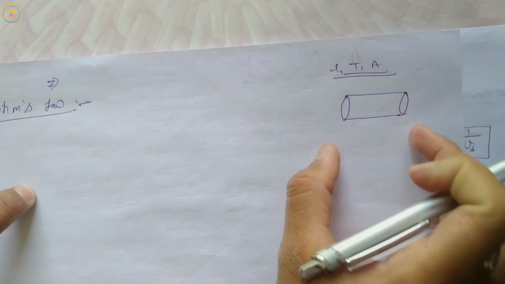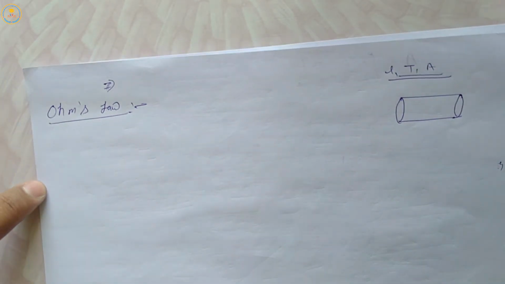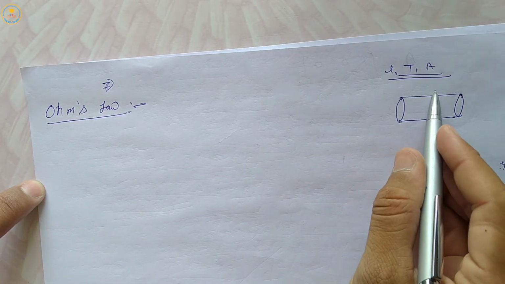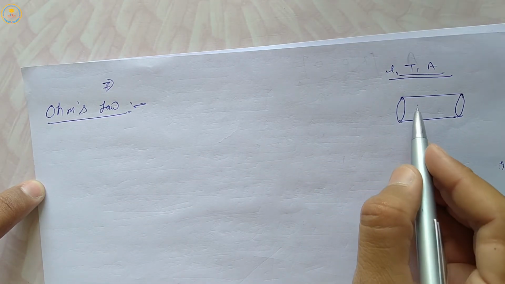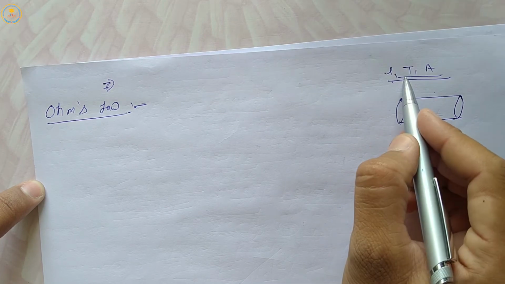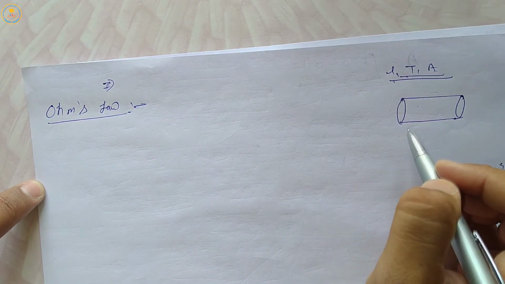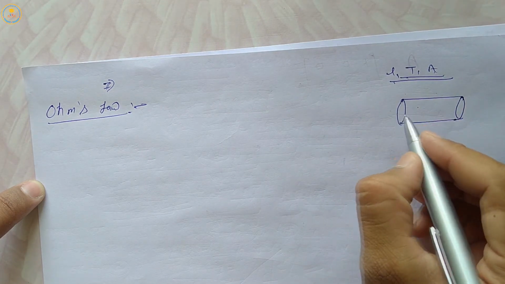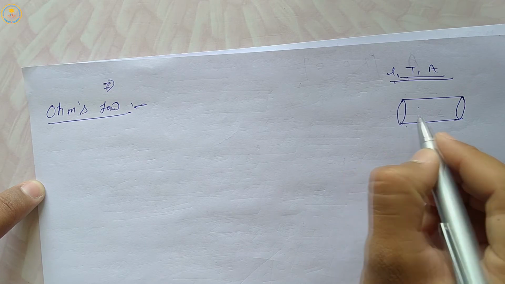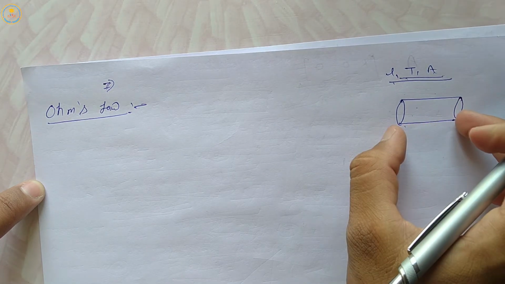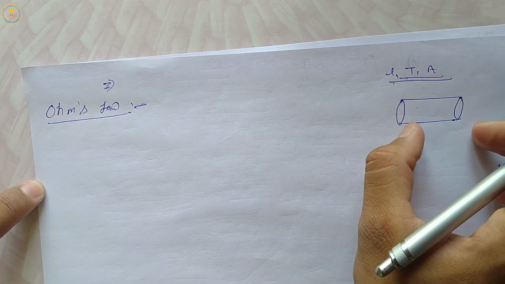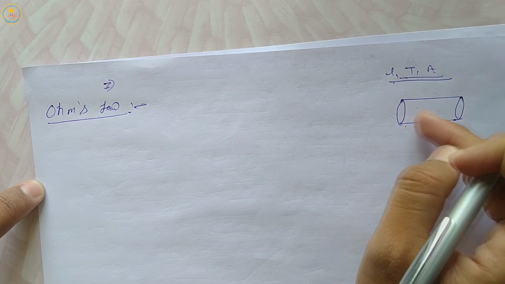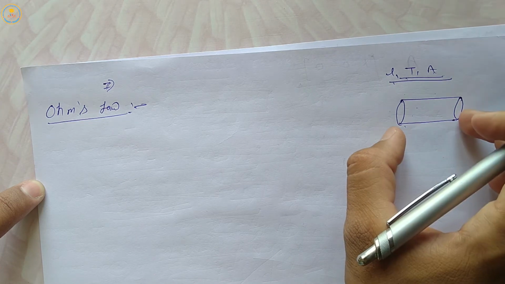Then in this situation, according to Ohm's law, if the physical states of a conductor like length, temperature, cross-sectional area, and nature of the substance remain unchanged, then the current flowing through this conductor is directly proportional to the applied potential difference across its ends.